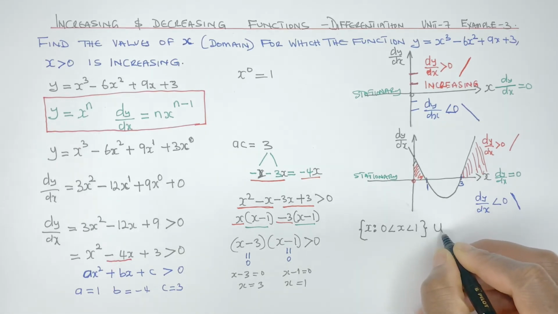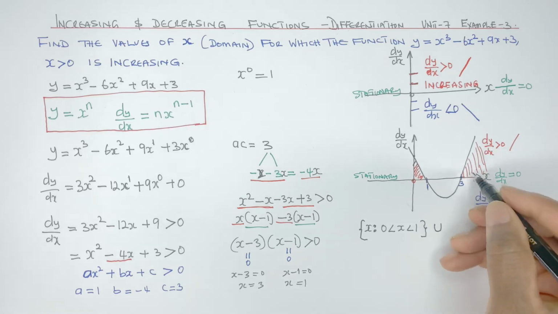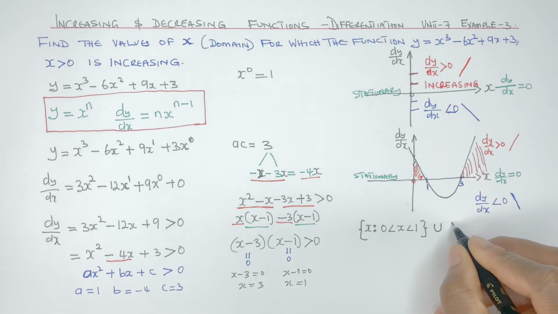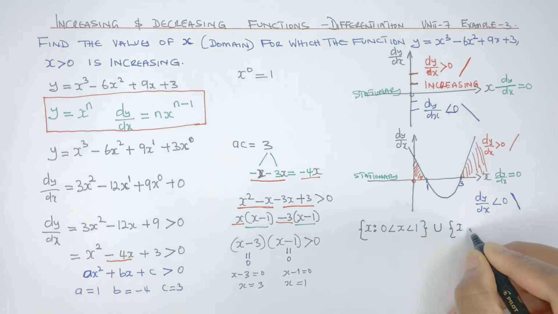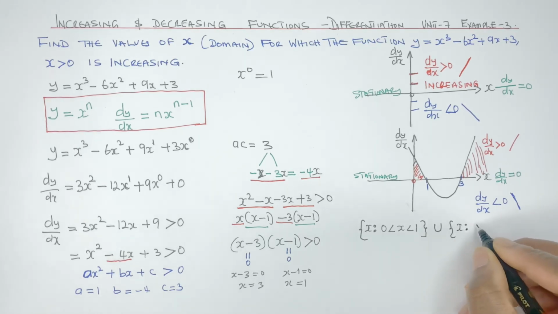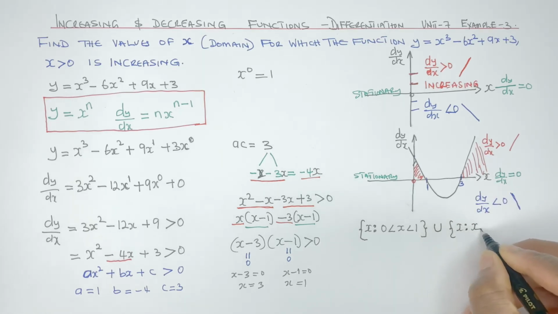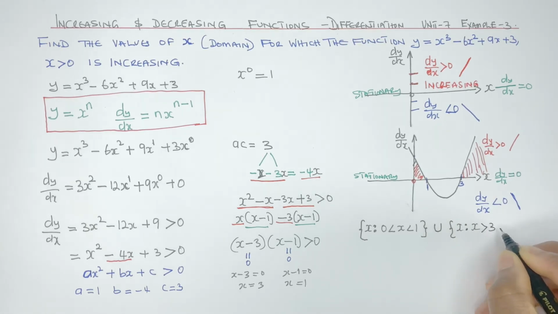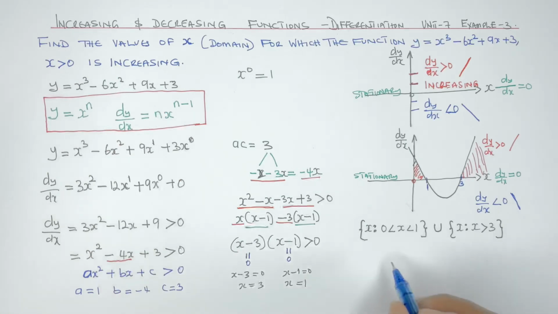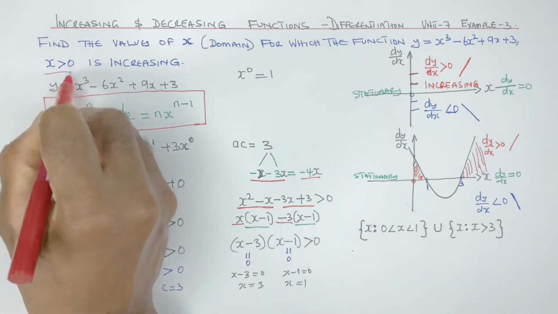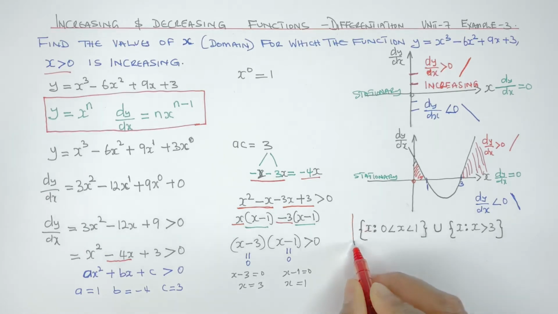Union, that means plus, open curly bracket, x colon, now x is greater than 3. So you just say x is greater than 3. Close curly bracket. And that's the answer for that question, because it's asking for when x is greater than 0. So that's what it's asking for.